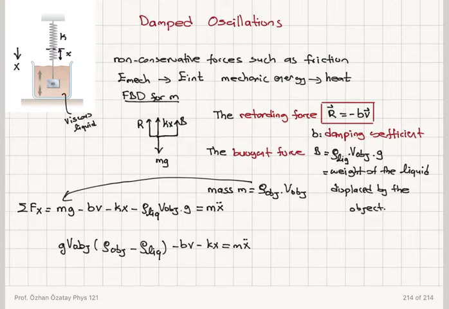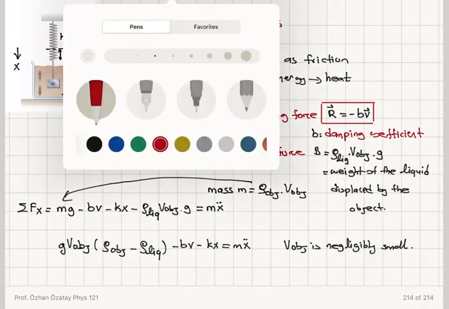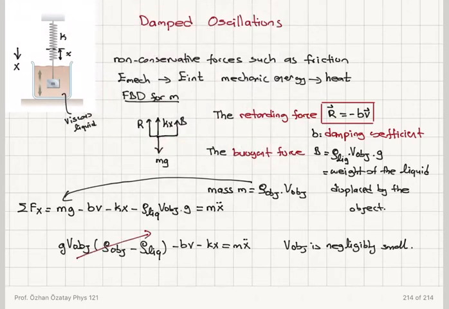Now I want to look at the case if V object is negligibly small. It's a very small volume. Then I can basically neglect this part, negligible contribution to this equation, and that is because the volume of the object is very small.